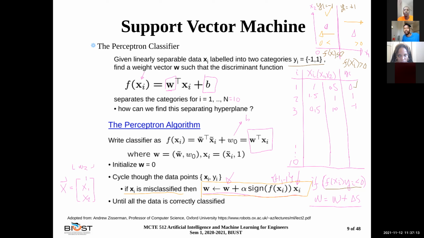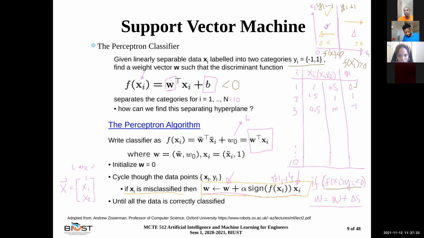Now, if you evaluate your f of x, that means you evaluate w transpose xi plus b, for all the points in this region, then that value will always be less than 0. Thus, their classification is -1.